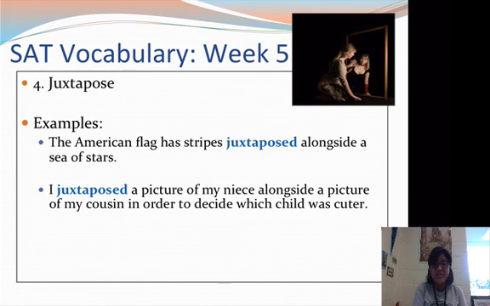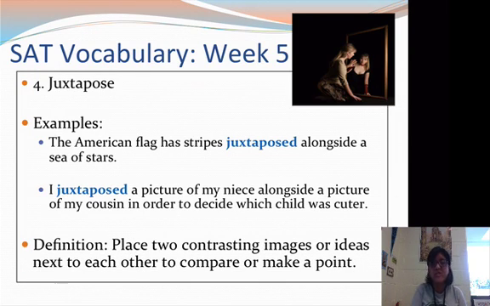The next word is juxtapose. The American flag has stripes juxtaposed alongside a sea of stars. I juxtaposed a picture of my niece alongside a picture of my cousin in order to decide which child was cuter. Write down your guess for the word juxtapose, then when you're ready, copy this definition and pause the video if you need to.